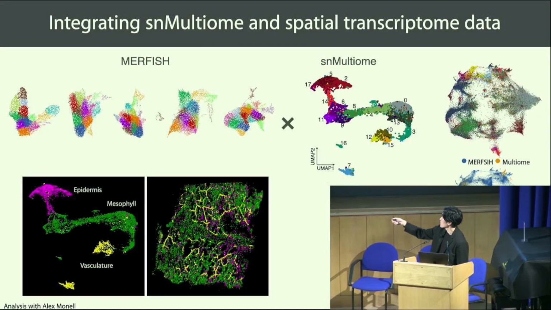And then we integrated this data with MERFISH and spatially mapped those colored labels, which resulted in this kind of picture, where you can see nice vasculature network in yellow, and then pretty much everything looks what we would expect. So the approach seems to be working.